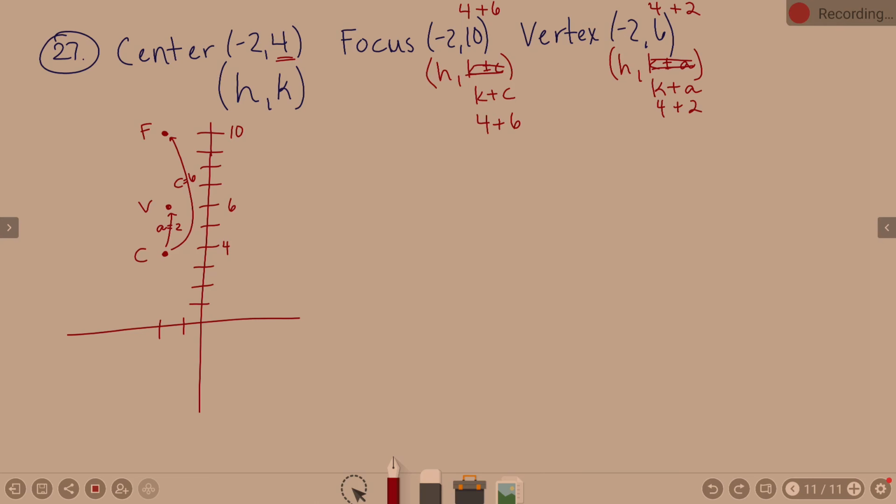Every time, whether we're talking about an ellipse or a hyperbola, it's always c to get to the foci. So a good thing to just know and have memorized is that c represents the foci. From the center to the foci is c. From the center to the vertex is a. That's how we know. That's just a connection that we have to make there.